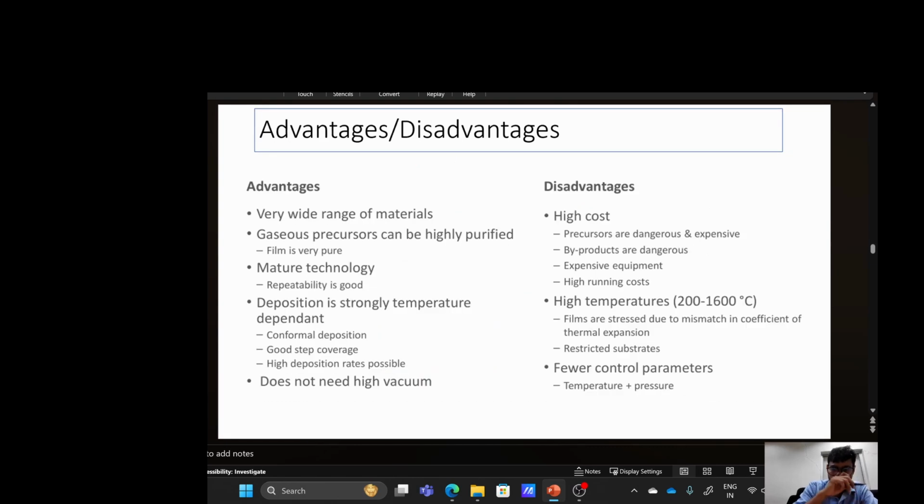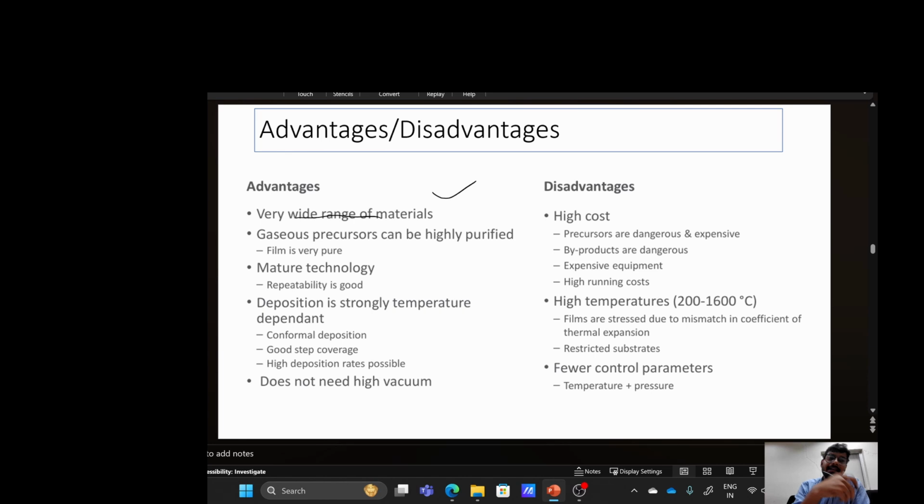So for every process there are some advantages and disadvantages as well. The advantages are that you can grow a wide range of materials, like SiO2, silicon nitride, germanium, because what you need is a precursor. If you have an available precursor for that material, you can grow it.